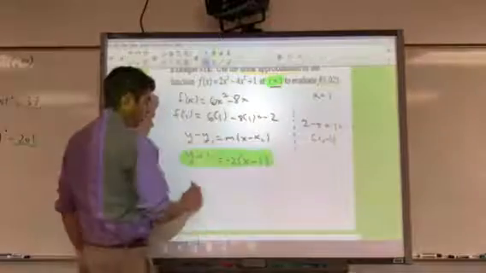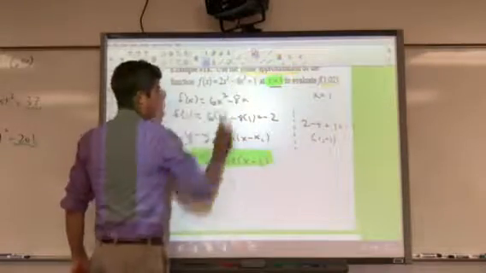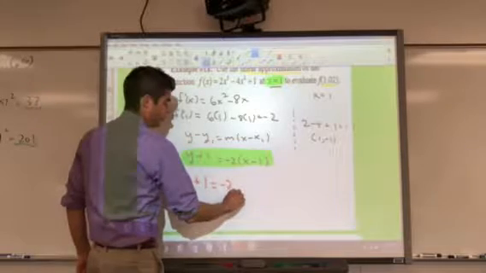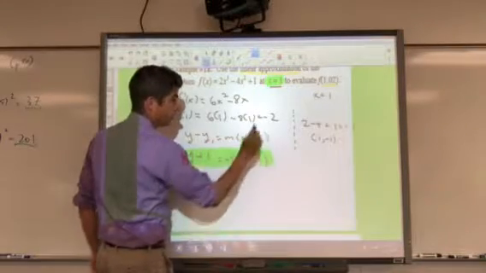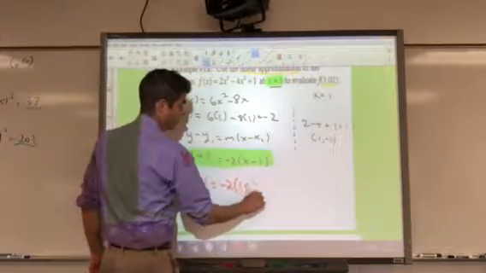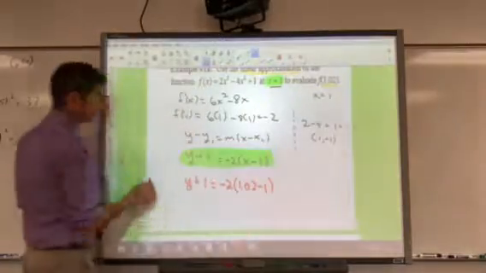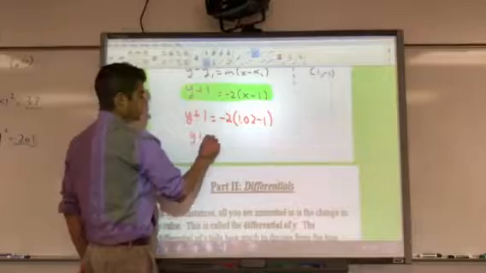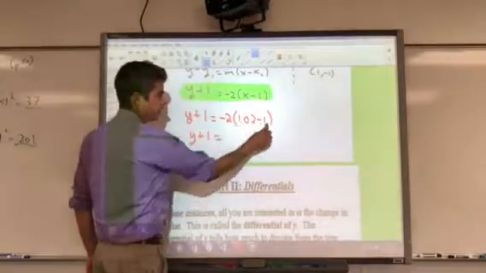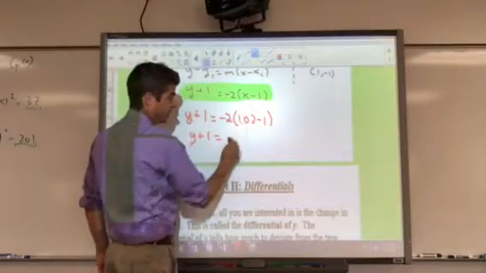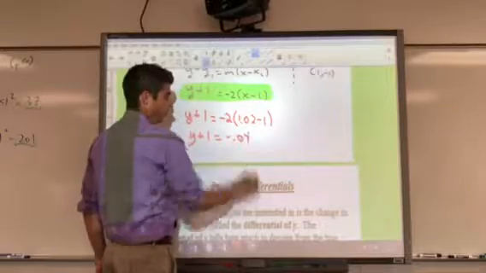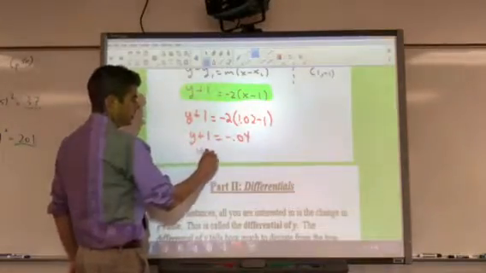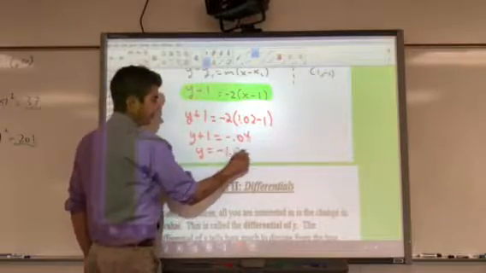I would say y plus 1 is equal to negative 2 times 1.02 minus 1. So y plus 1 equals 0.02 times negative 2, which is negative 0.04. Then subtract 1, so y equals negative 1.04.